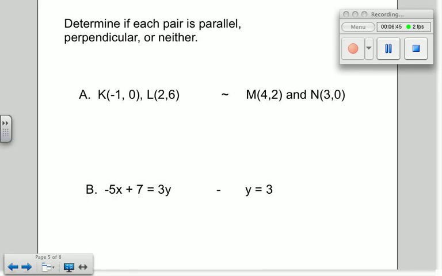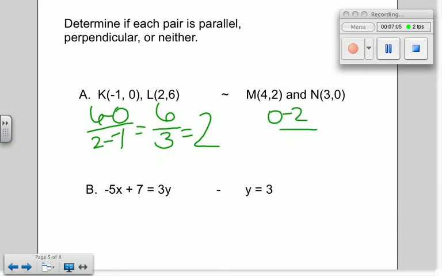In this case, let's go ahead and solve. We have 6 minus 0 over 2 minus negative 1. So we have 6/3, which reduces to 2. Solve our other one: 0 minus 2 over 3 minus 4.